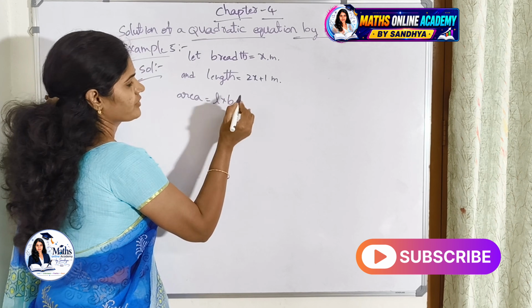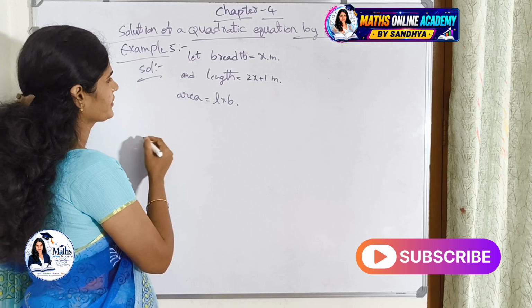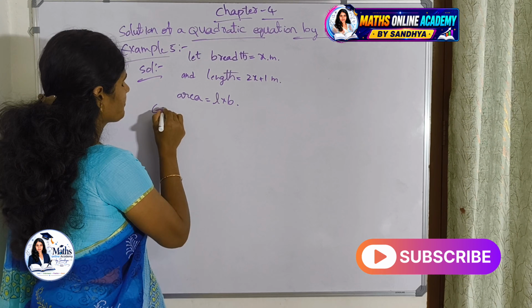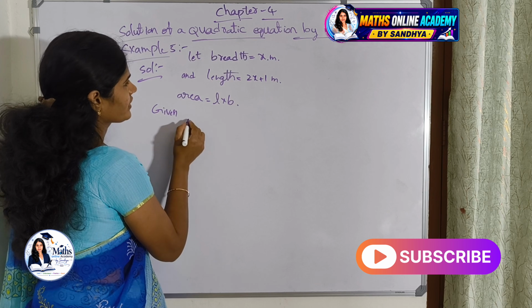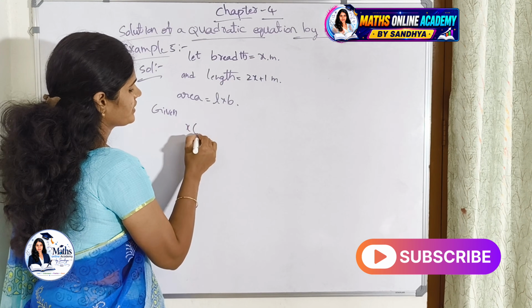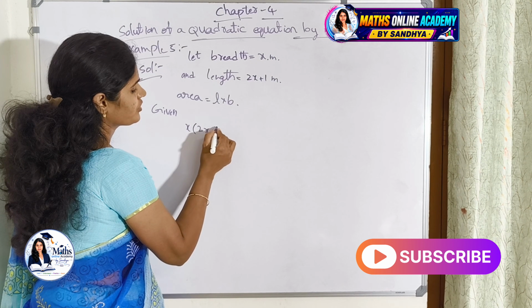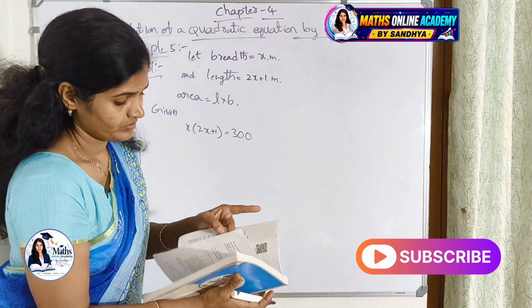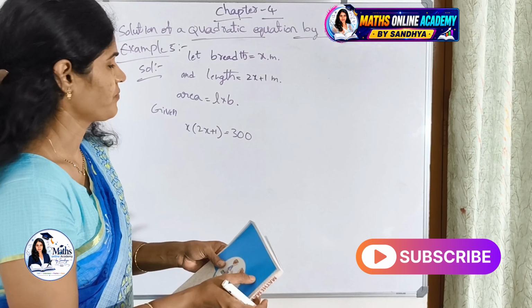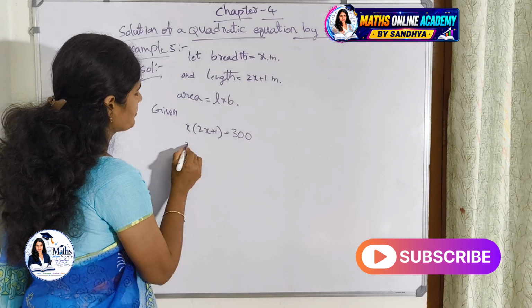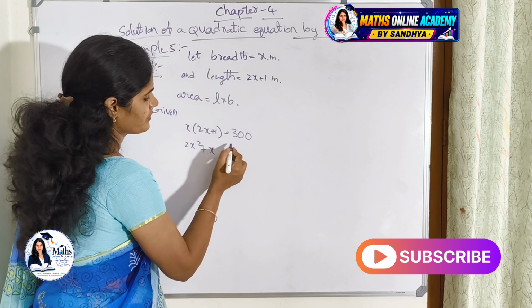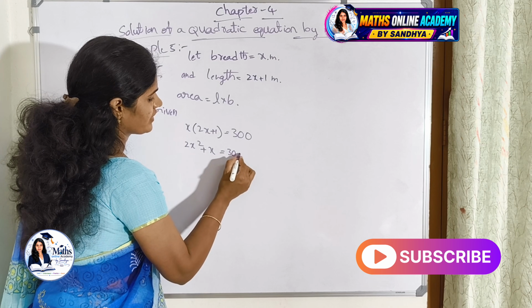Length into breadth. Given area: x into (2x plus 1) equal to 300 square meters. So 2x square plus x equal to 300.